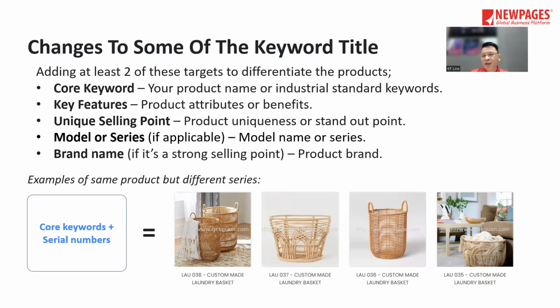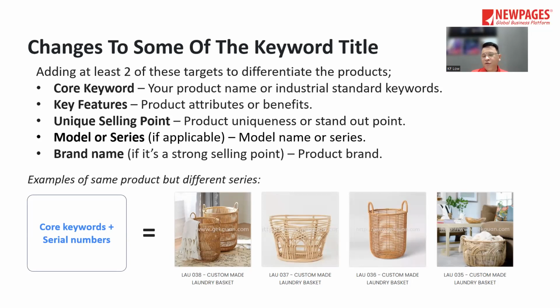From here, at least you're telling the Google crawler something when a buyer is searching for laundry basket. What happens if they don't use a serial number or add key features, and just put laundry basket? You're actually confusing the Google crawler. When a person searches for laundry basket, Google is trying to rank your product, to list your product in the search SERP, which we call the search engine result page.